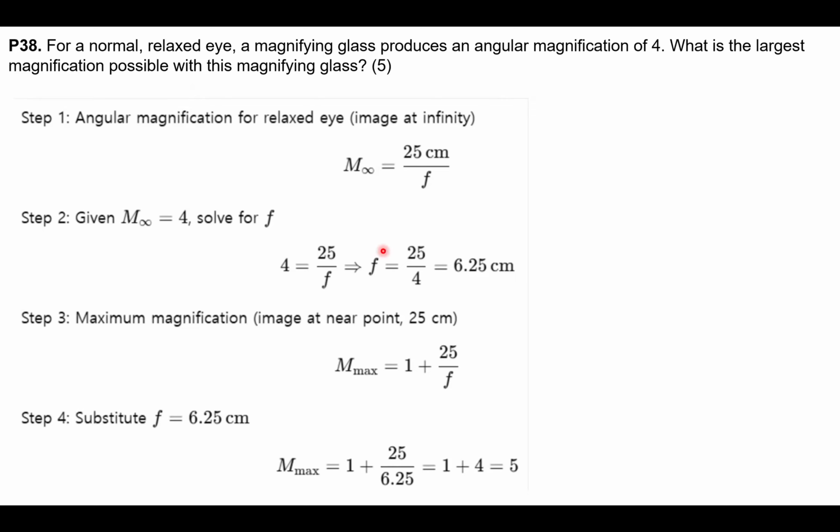From this, you get the focal length, and now it's time to look at the maximum magnification at the near point, which is given by this one. And f is now known, and then you get a magnification factor of 5. If you look at the formula, it's very simple, but you need to know where they come from, so please read the textbook once again.